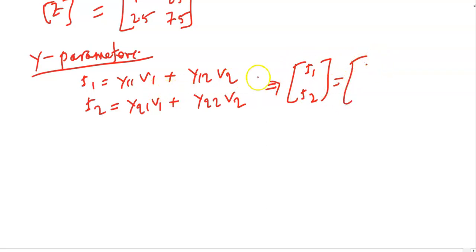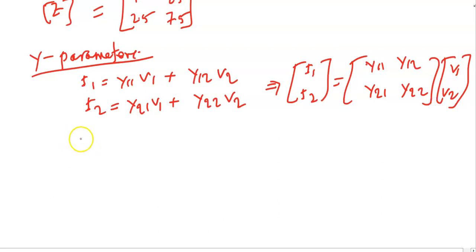This is a set of linear equations. Same way, the forcing functions are V1 and V2, and we measure the current.